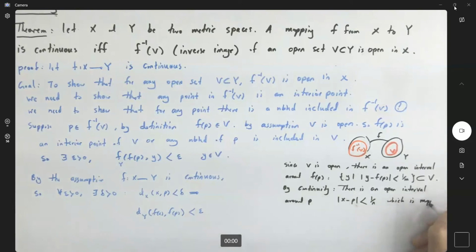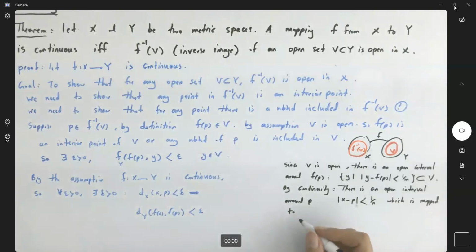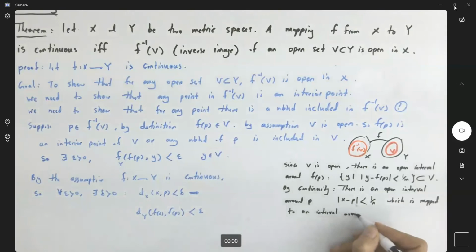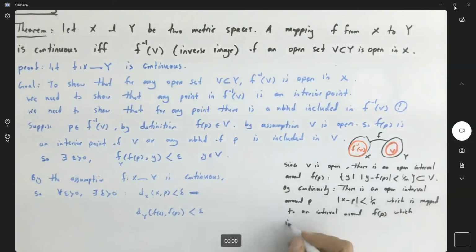Which is mapped to an interval around f of p, which implies that the distance between f of x and f of p be very small.